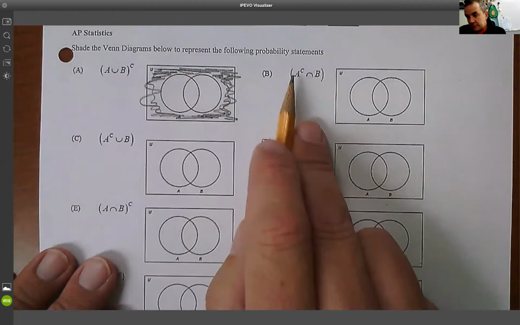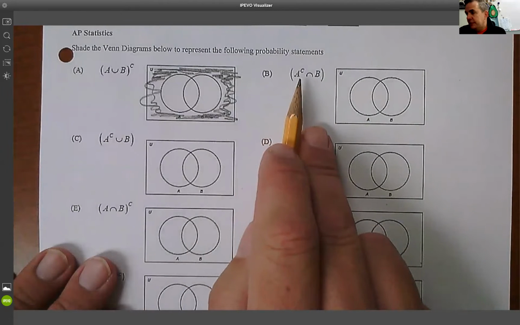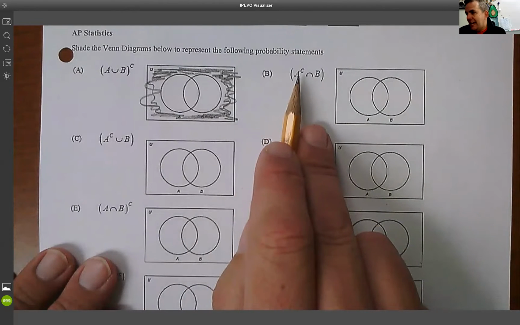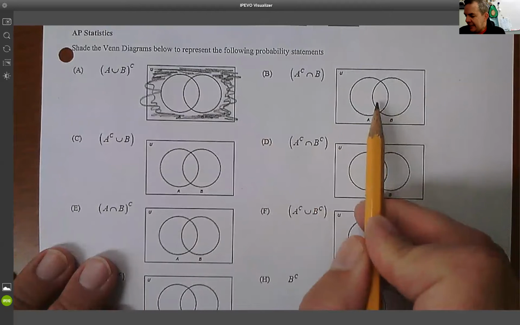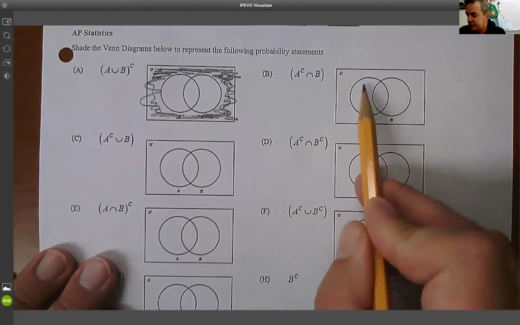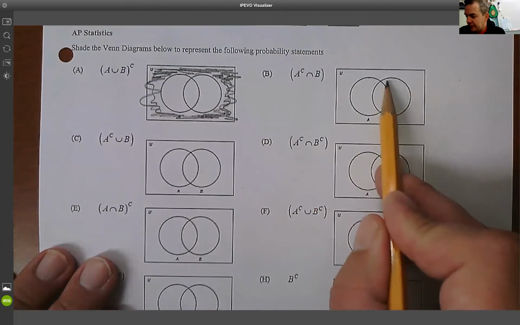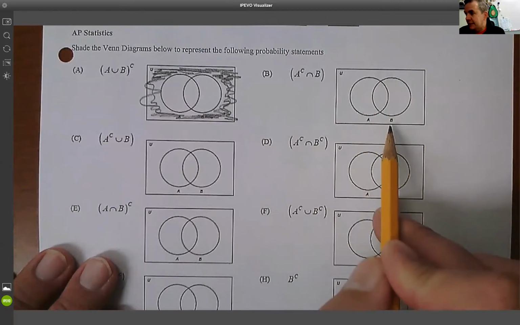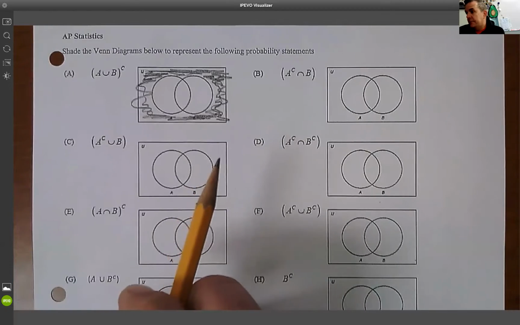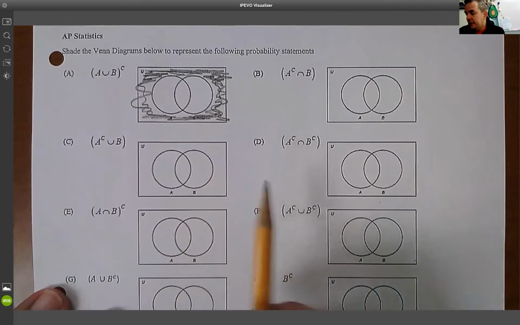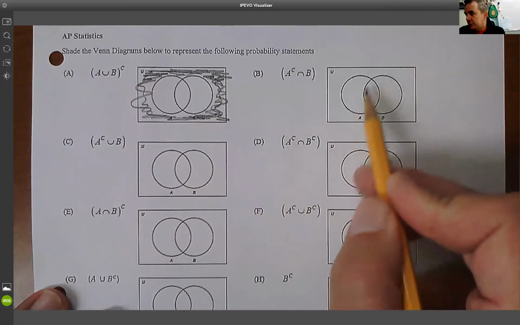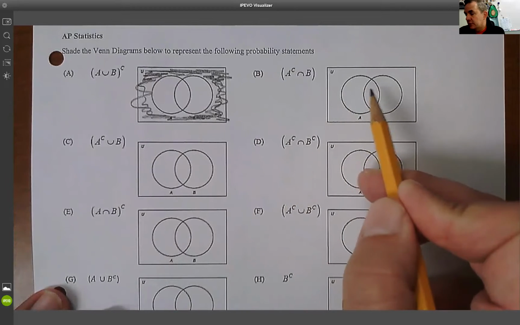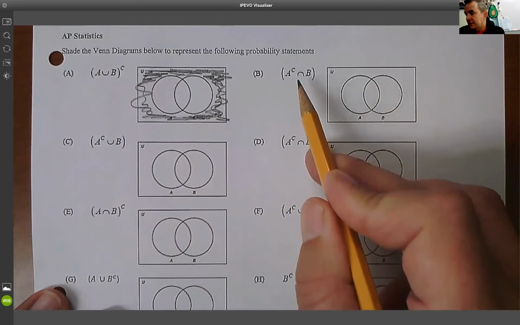Next one, slightly different. So this one right here says not A. So if you think about not A, anything that's not A is going to be the stuff not in the circle. So theoretically, all of this stuff in B, this little crescent of B in the box outside, is going to be our not A. And then it says B. Well, B is this circle, the whole circle, including this overlap. This little thing says intersection.